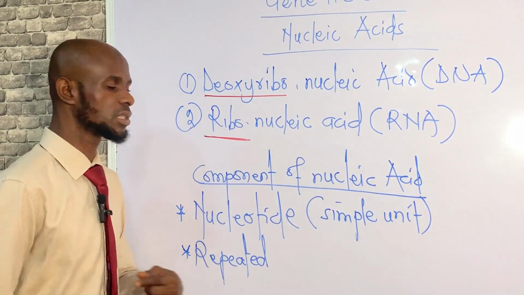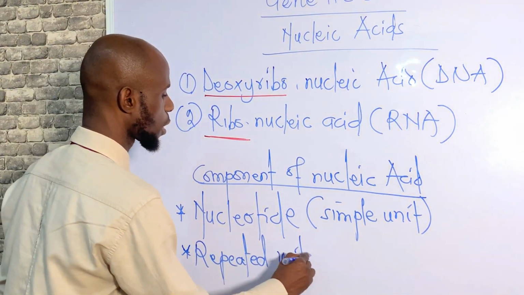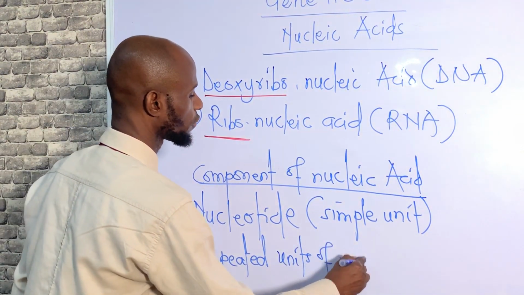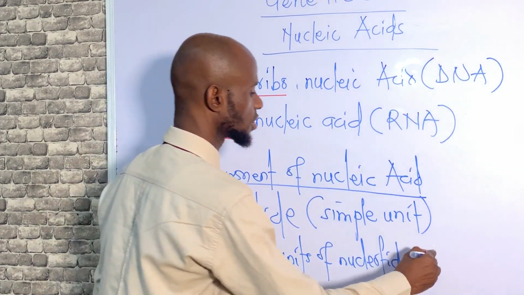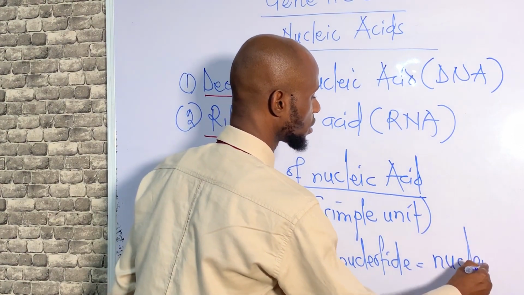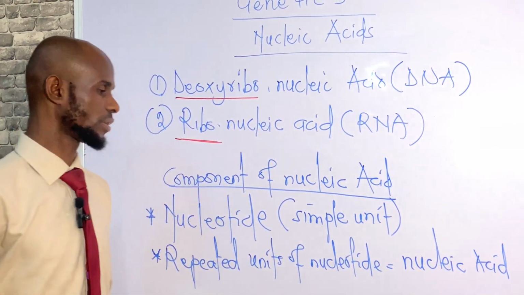When we repeat nucleotides several times, the units of nucleotide will give us the nucleic acid, either RNA or DNA.